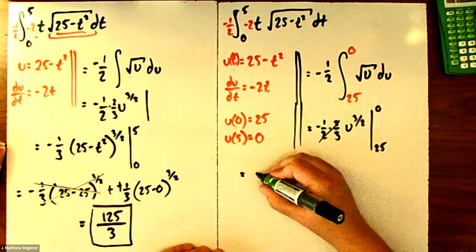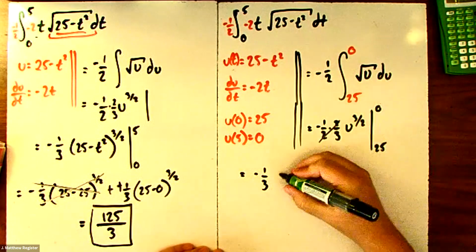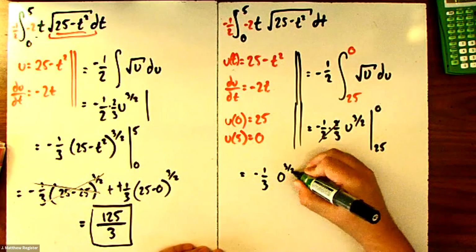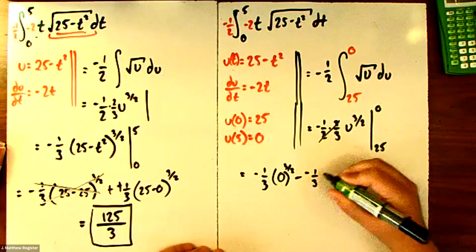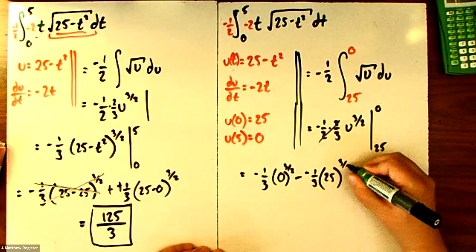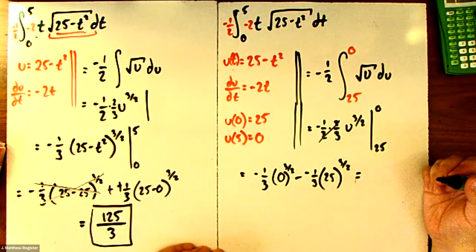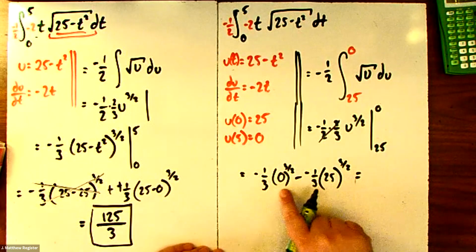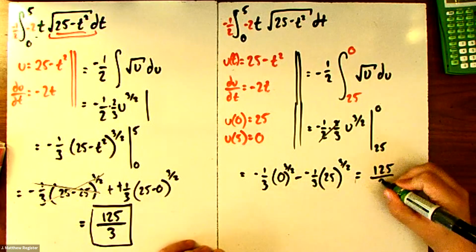Again, the 2's cancel out, so we have negative 1/3 of 0 to the 3/2 minus negative 1/3 of 25 to the 3/2. And again, doing the math, we get 0. And this is going to be 125 thirds.